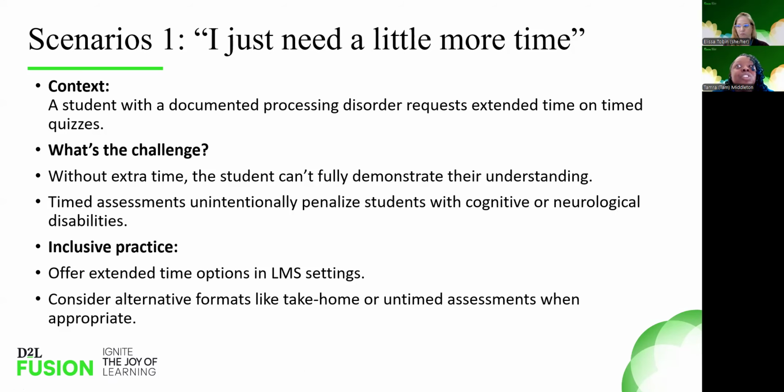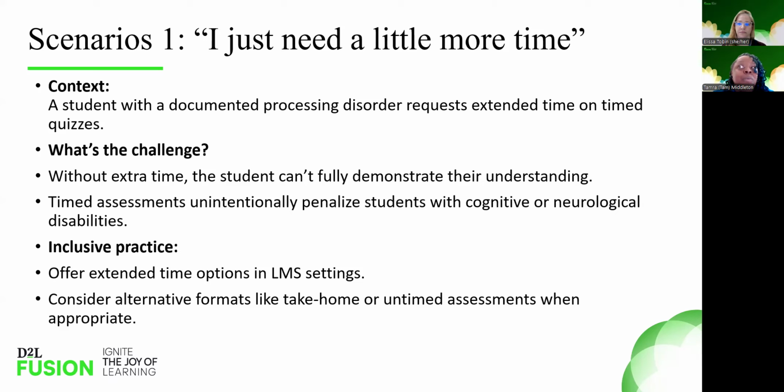Now that we have touched on the why, let's delve into some scenarios where inclusion is beneficial. The first scenario is one that many instructors have encountered. A student with a documented processing disorder requests extra time for timed quizzes. Without that time, their grade might reflect how quickly they can read or respond, but not how well they understand the material.